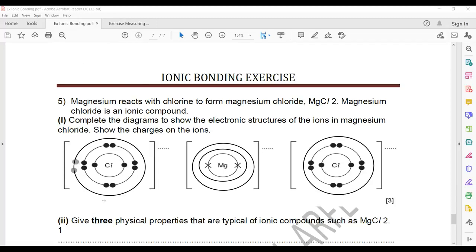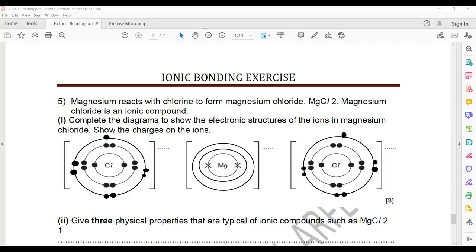First we complete the structure of chlorine. Chlorine belongs to group 7, so it has 7 electrons in the outermost shell. That's 1, 2, 3, 4, 5, 6, 7.